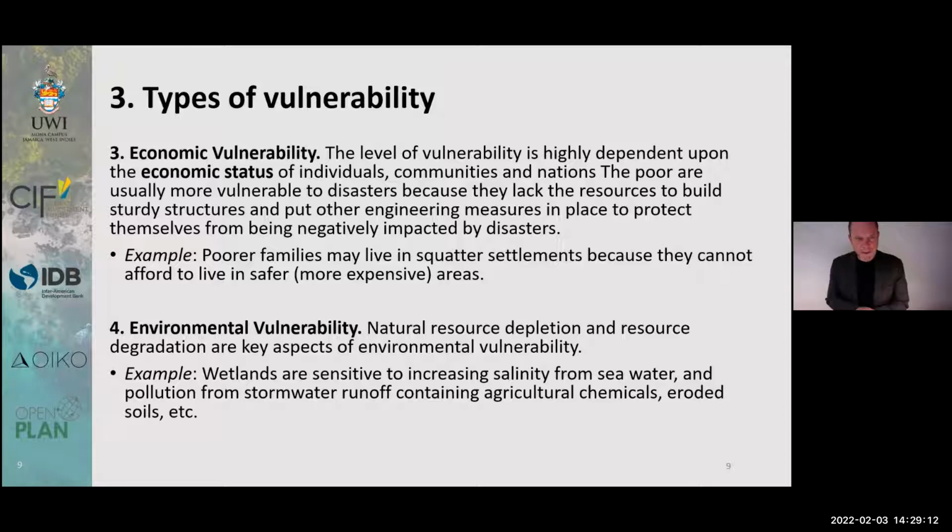The other one, and the last one for this section on vulnerability, is environmental vulnerability. We understand how some ecosystems are sensitive or mature, and they can be a source of protection against flooding. This is a very illustrative example: wetlands are sensitive to salinity from seawater and pollution from stormwater runoff.